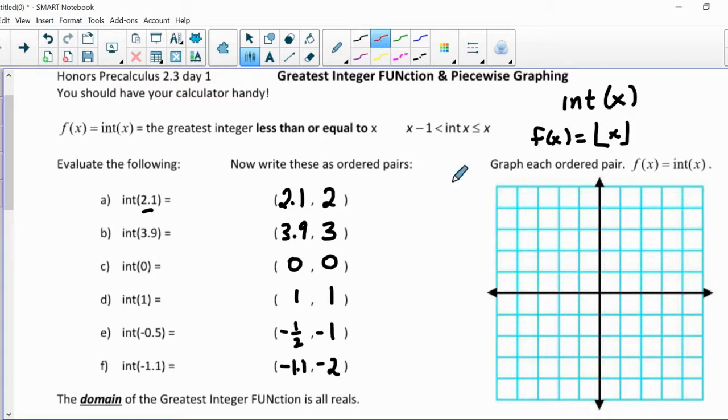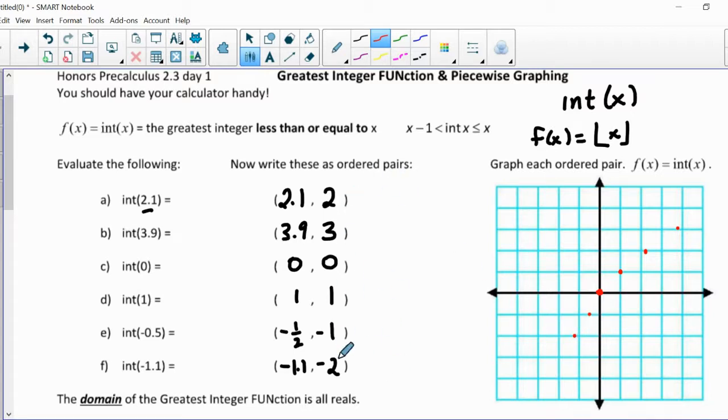So now I'm going to graph these things. 2.1 comma 2 is on the graph. 3.9, that's not 2. Sorry about that. 2.1 comma 2, 3.9 comma 3, 0 comma 0, 1 comma 1, negative 1/2 comma negative 1, negative 1.1 comma negative 2.